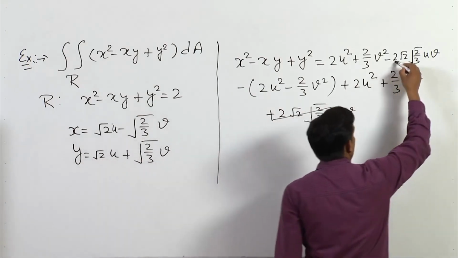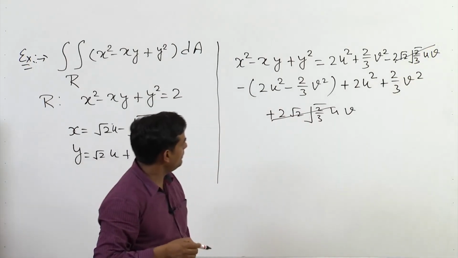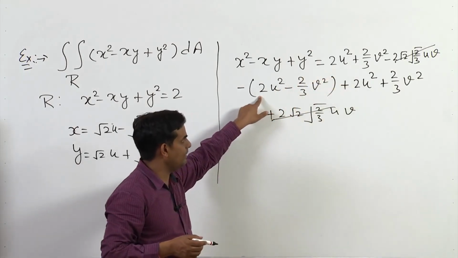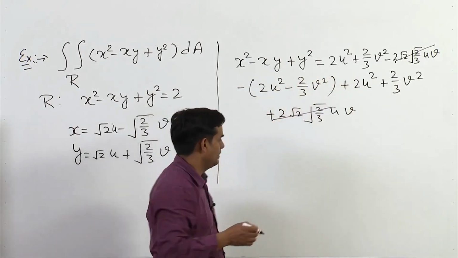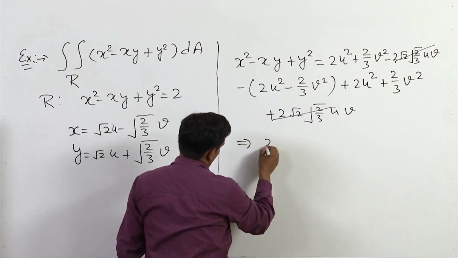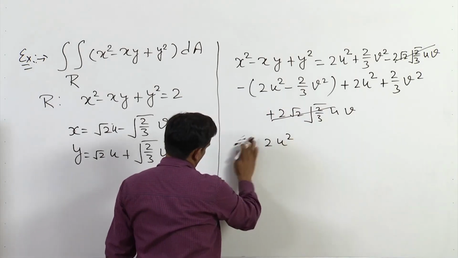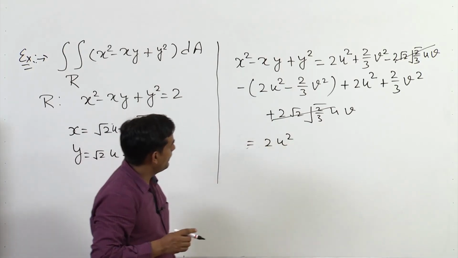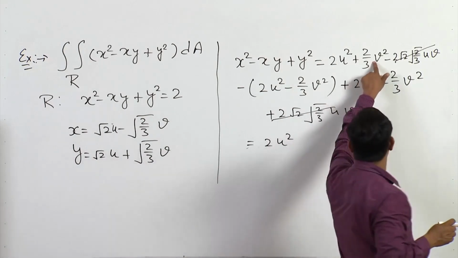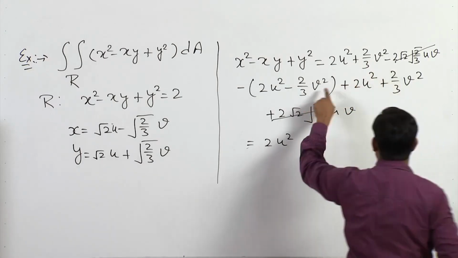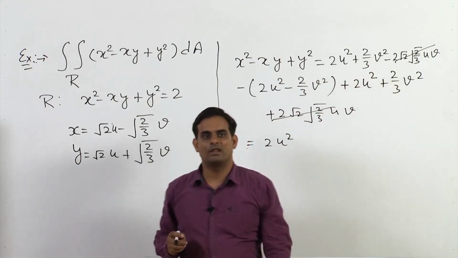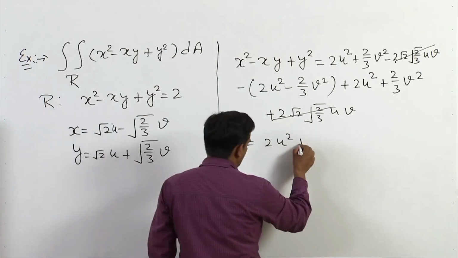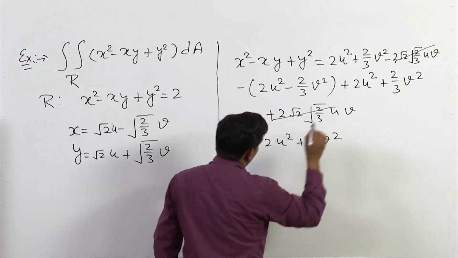So, these terms cancel out, 2 u square minus 2 u square plus 2 u square. So, it will become equals to 2 u square, and 2 by 3 v square plus 2 by 3 v square plus 2 by 3 v square, so 6 by 3 v square, so plus 2 v square.